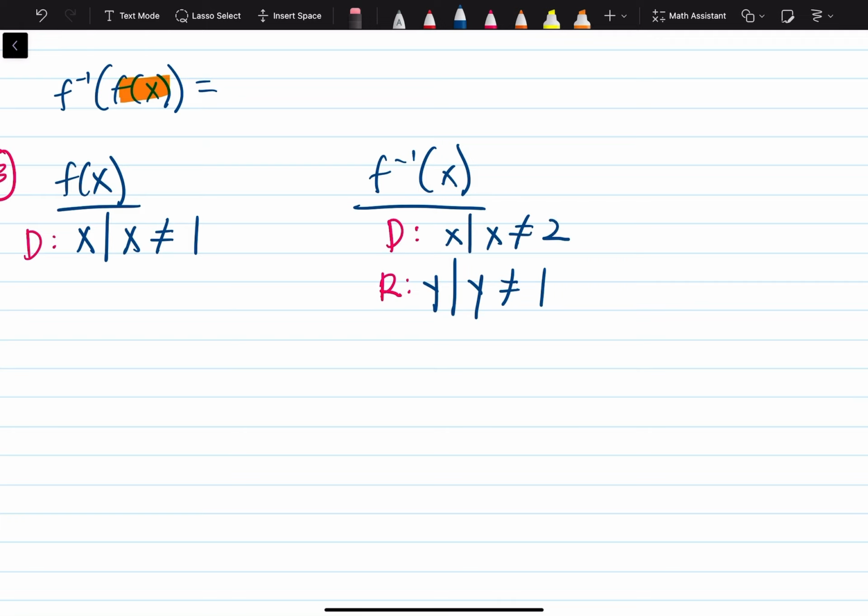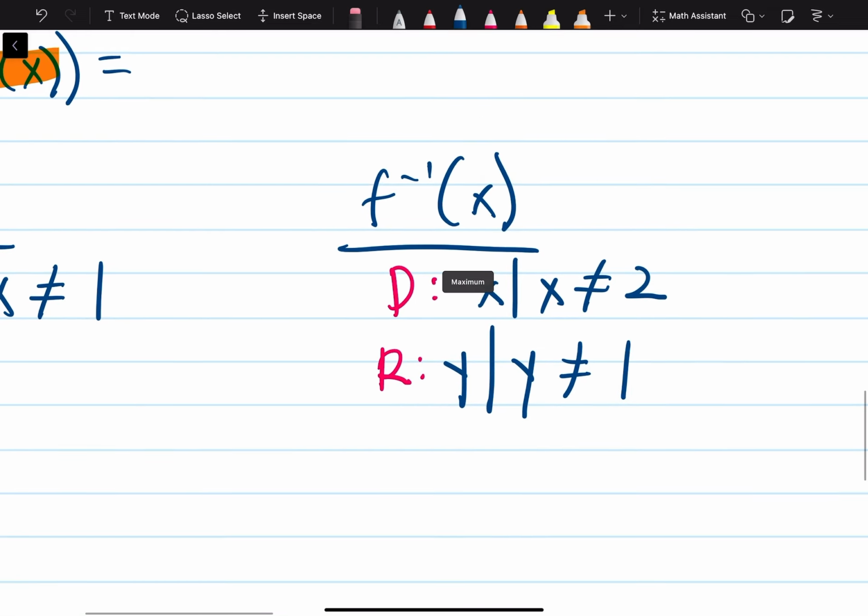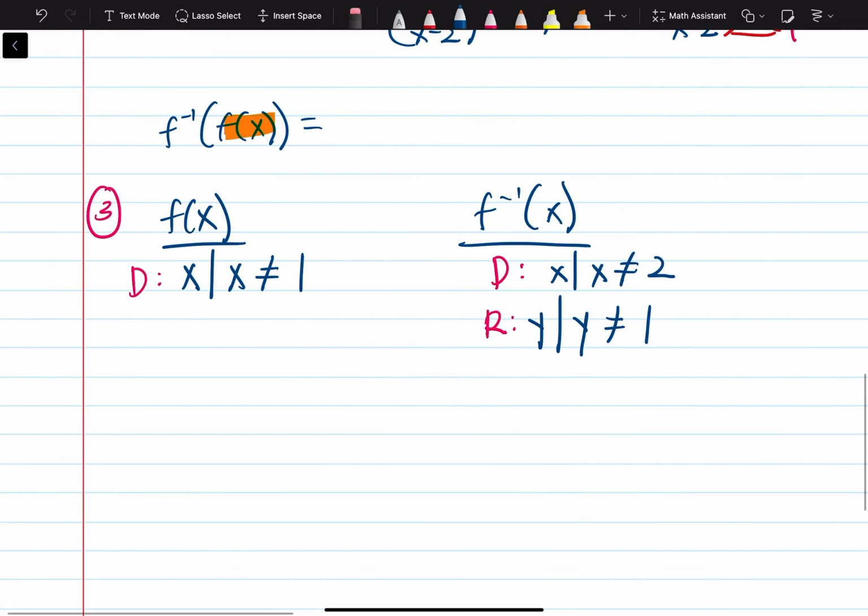And like I said, because they interswap, if it's the x's on the inverse, then it has to be the y's or the range on the original function. So it's y such that y cannot equal 2. Okay? Take a second and process that. Let me know right off to the side if you have any questions.